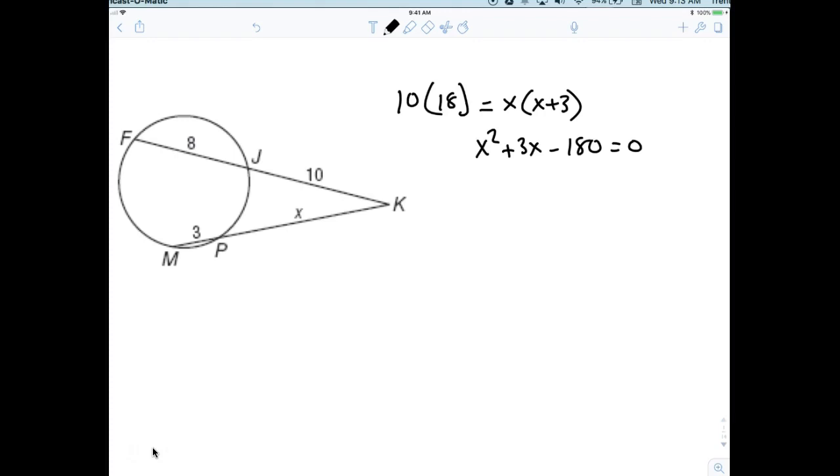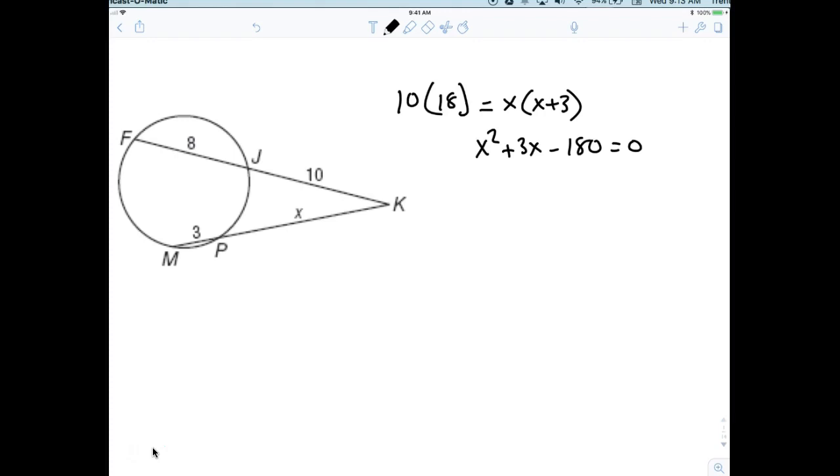All right. Now, can this factor? Well, how do you know it can't factor? Because 180 is not 15 times 12. So again, let's just say you didn't see that, right? I personally think it's better if you use your calculator.